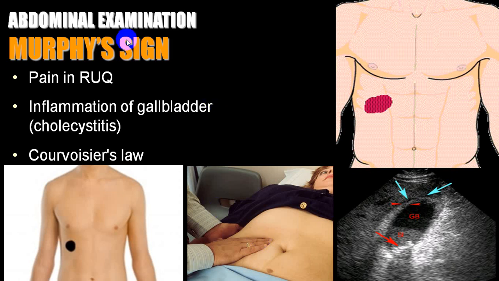This is characteristically described as Murphy's sign. That is a pain in the right hypochondrium, or right upper quadrant. It is because of cholecystitis, or inflammation of the gallbladder, and it follows Courvoisier's law: in chronic cholecystitis the gallbladder is shrunken, but in acute cholecystitis it is inflamed and enlarged, and you will have a positive Murphy's sign.